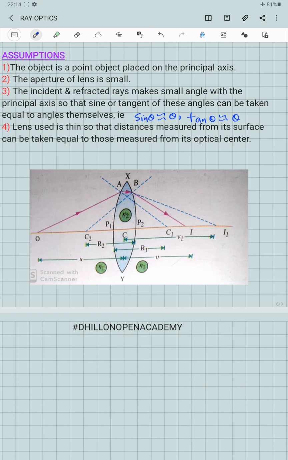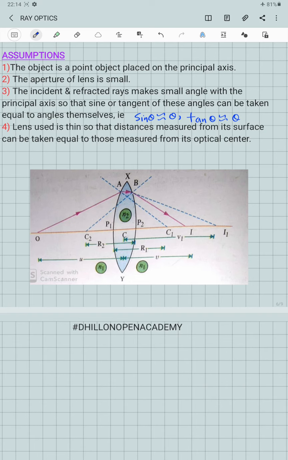Now, in order to derive the lens maker's formula, we need to study the refraction from its first surface XP1Y as well as the second surface XP2Y. Now, the first surface XP1Y is bulging out towards the rarer medium, so it is a convex spherical surface.